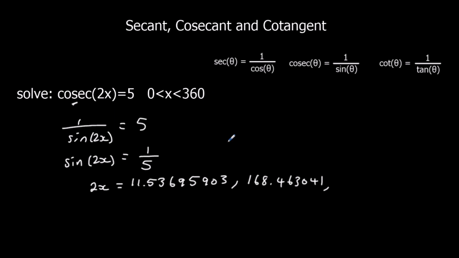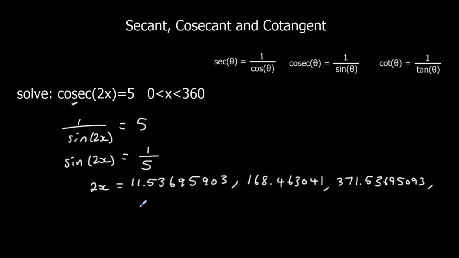So we're going to have to go around twice. We're going to have to get the next 2 answers as well. And we're going to do that by adding 360 on to these answers, because the sine wave repeats every 360. So that'll be 371.53695093.